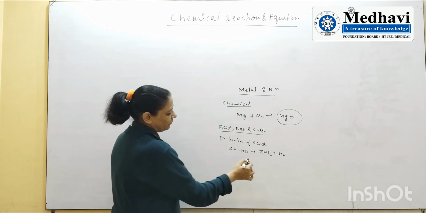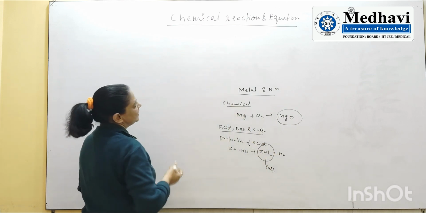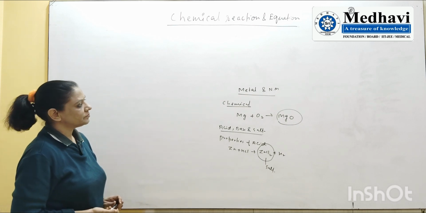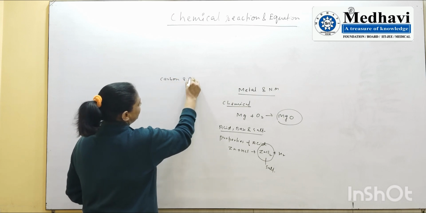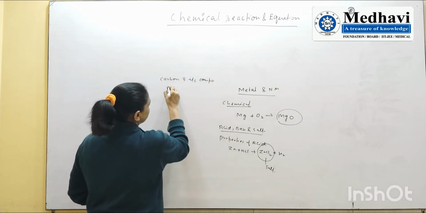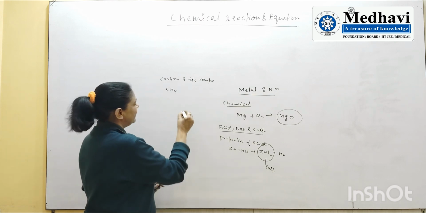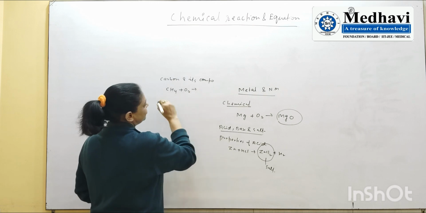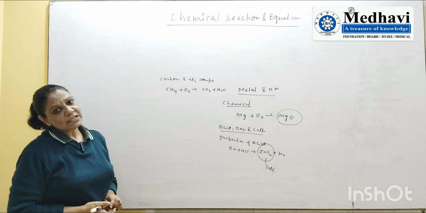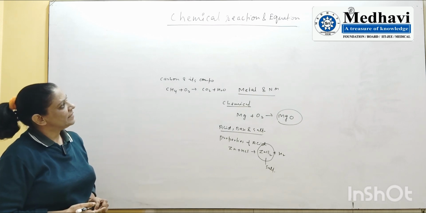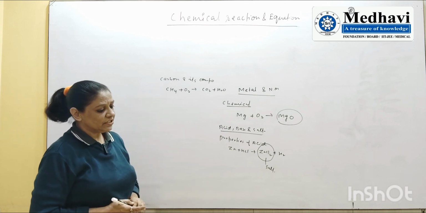So here the formation of this compound, this salt, is a part of chemical reaction and equation. You can take example of carbon and its compound. Over there you have to study about methane, alcohol, aldehyde groups, and the reaction of methane, reaction of hydrocarbons, CO2 plus H2O, its balancing. All these concepts have been taken from chemical reaction and equation. So that's why I have selected this chapter.